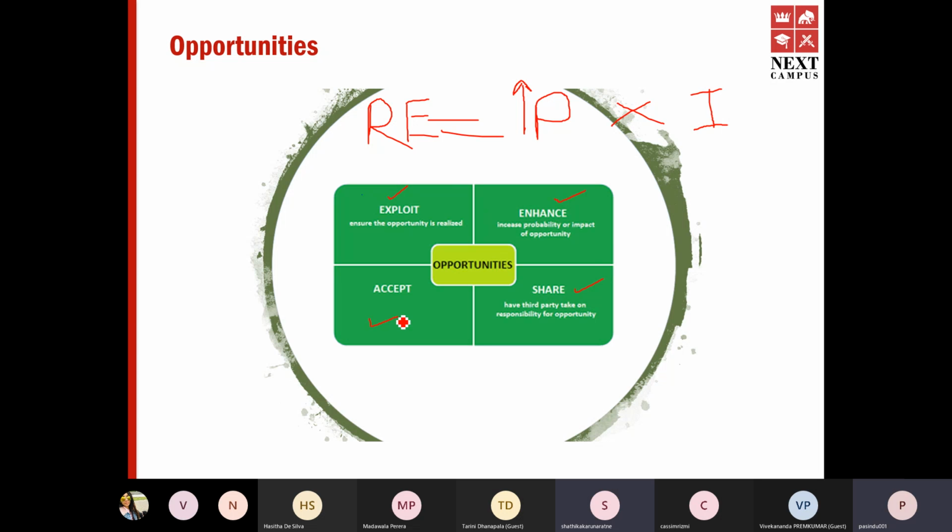Pasilu, can you explain enhance again? Yeah, enhance focuses on increasing the impact of the risk, right? When the risk materializes, how you can increase the impact.